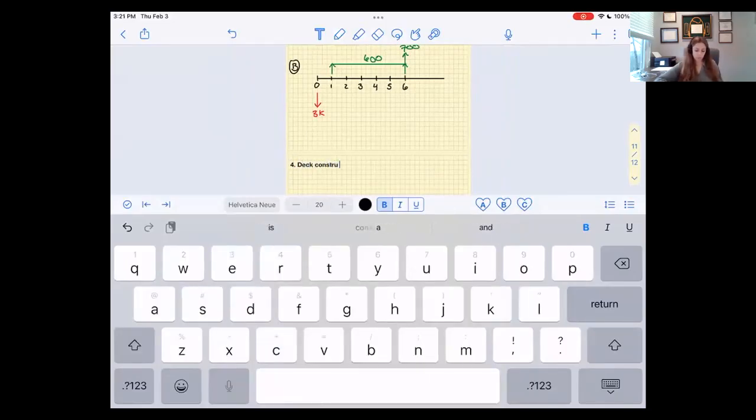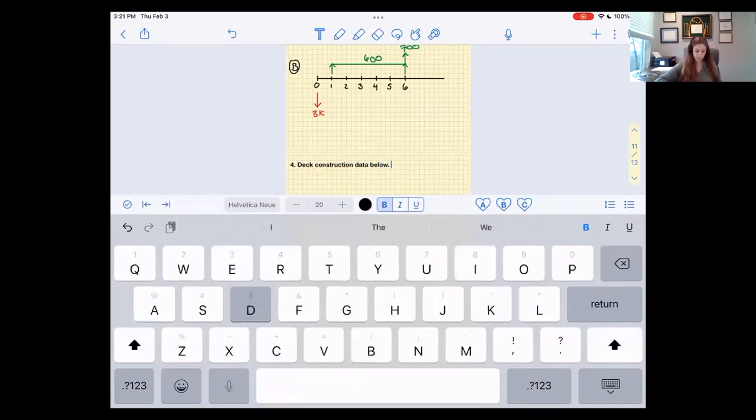Deck construction. Data below. Draw both cash flow diagrams.